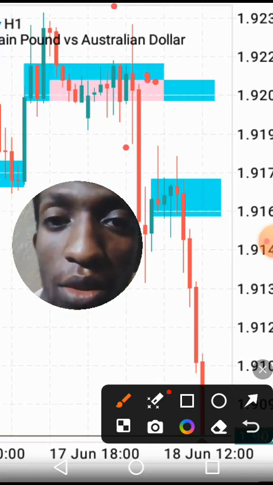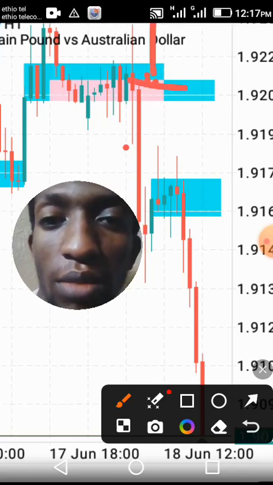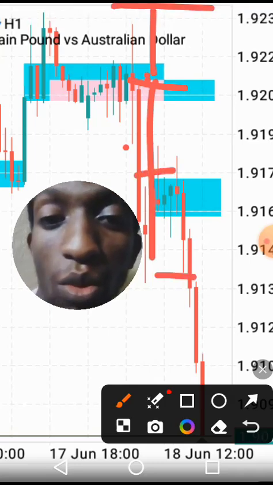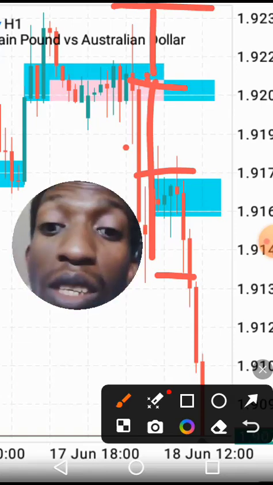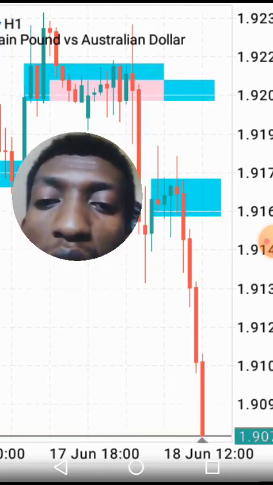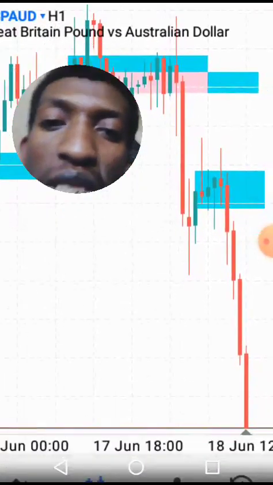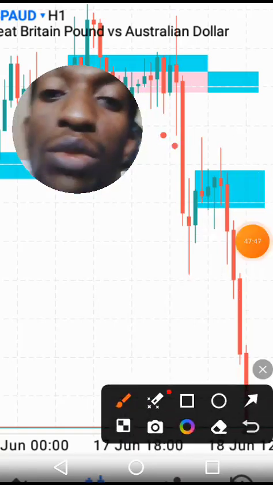Look, my stop loss is still up there. My entry is right here, you can see. My risk, that is my reward. That's 1 to 2. So that's amazing.